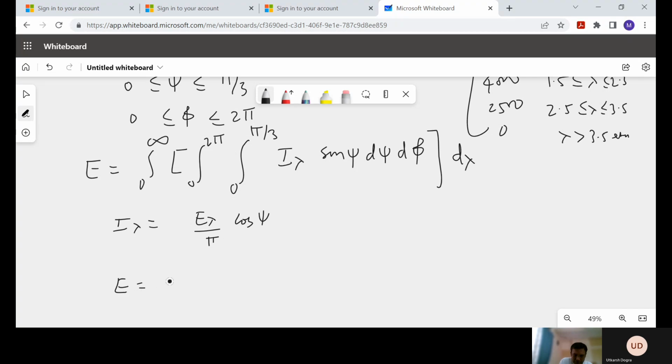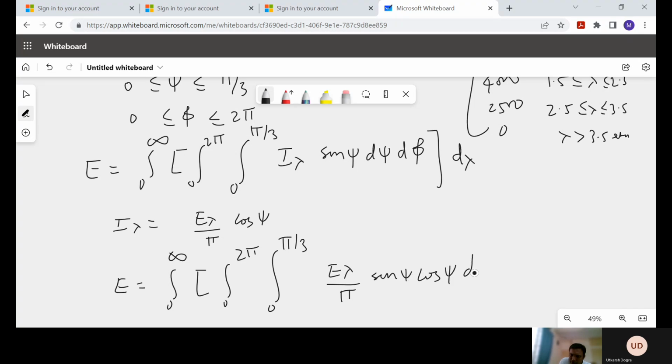So E is given by the integral from 0 to infinity, in the bracket 0 to 2 pi, 0 to pi by 3, E lambda by pi sin psi cos psi d psi and d phi, and this entire bracket is d lambda.